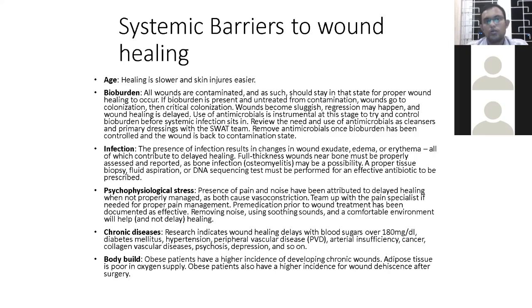The more the bioburden, the more sluggish the wound. Now we'll be talking about what bioburden is and how to classify it and from where to where it goes and all in a later slide. So the other thing is infection. Bioburden is not really infection.